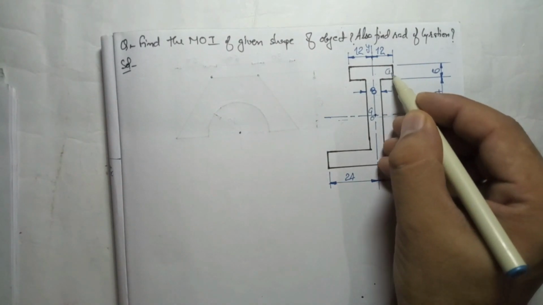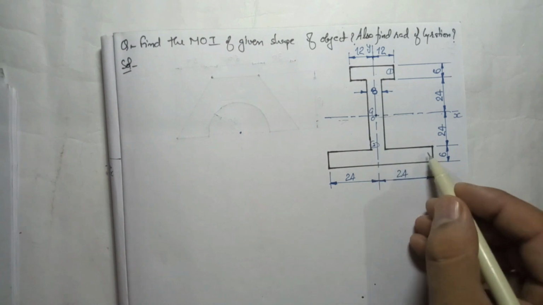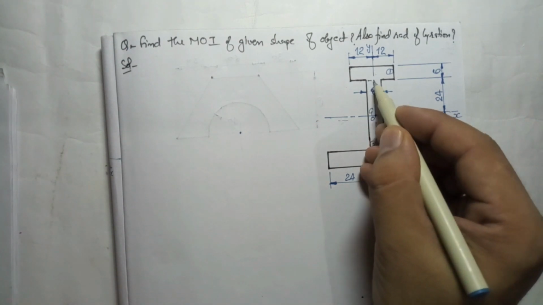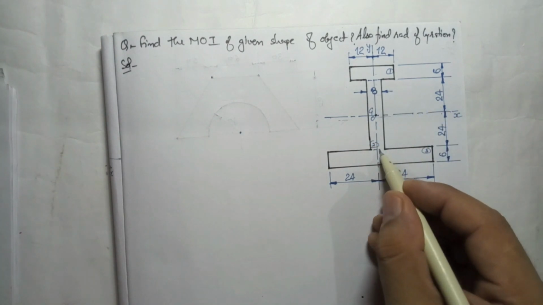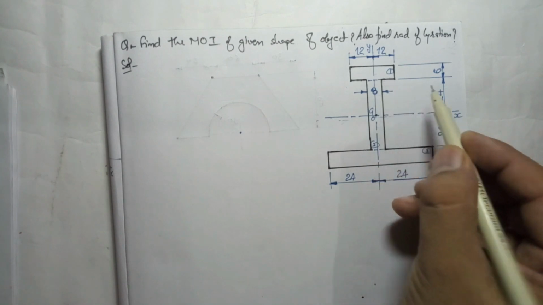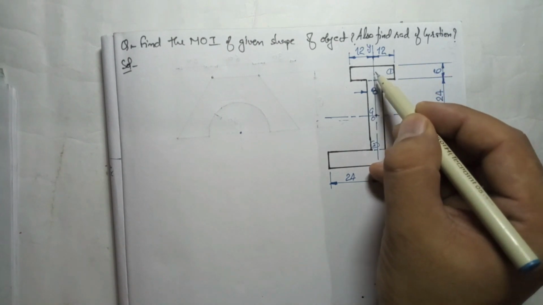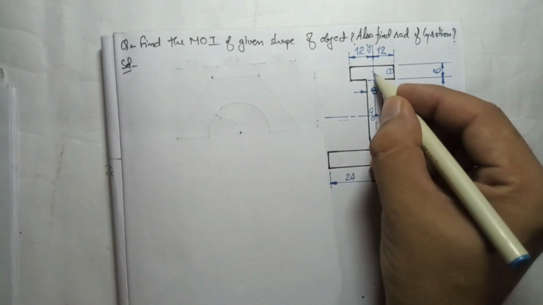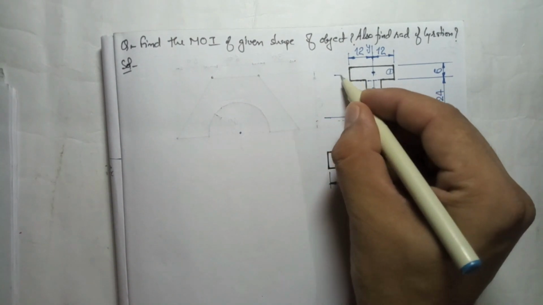Let's say this is surface 1, this is surface 2, and this is 3. If I divide it like this, for all three surfaces we will find the moment of inertia about its own centroid, then we will shift to the given axis, as we have solved in the previous question. For the first object, the center of gravity will lie here.